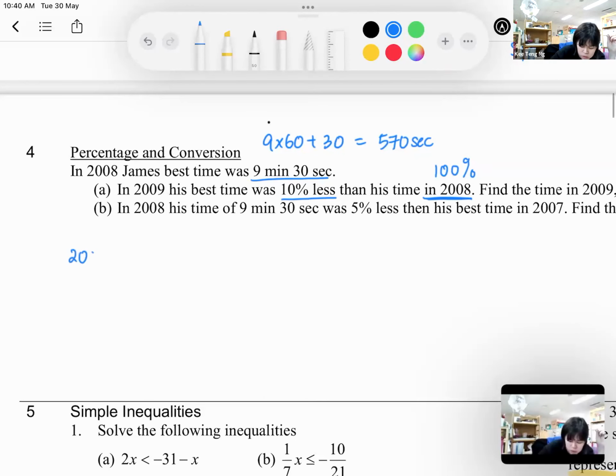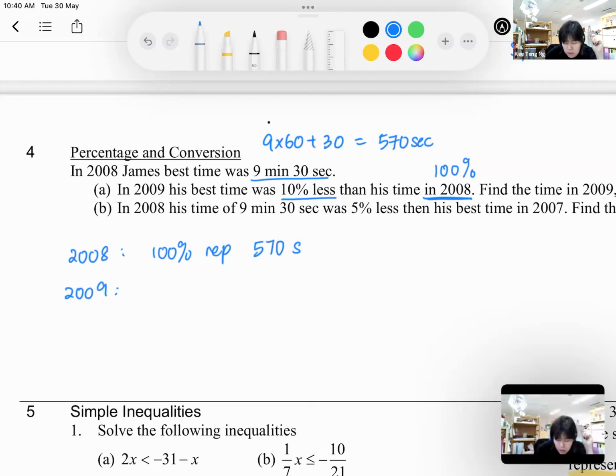So if 2008 is the one with the 100%, it represents 570 seconds. Then what about the timing in 2009? This timing in 2009 is 10% less than that. 10% less than that will mean 90%. Okay, then I find the answer.